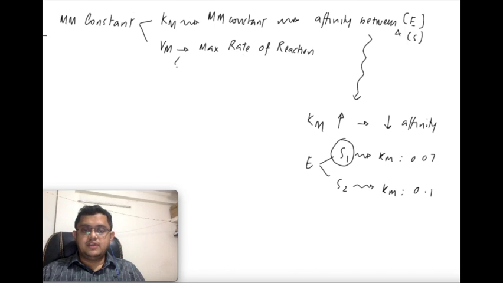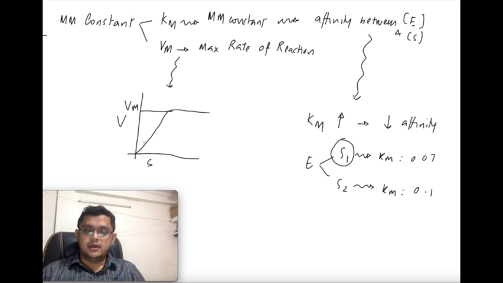And what is the significant role of Vm? We all know that in the enzyme substrate reaction between V and S, the Vm is calculated at the maximum velocity. Based on the processivity of an enzyme, we can find out how much product is produced by that particular enzyme.